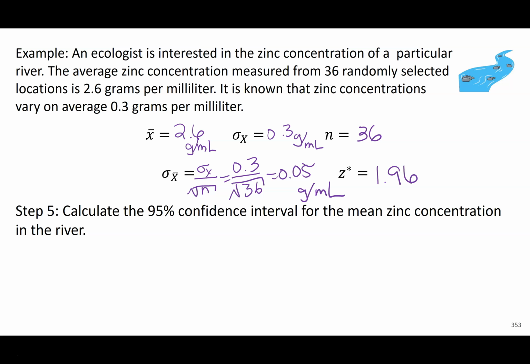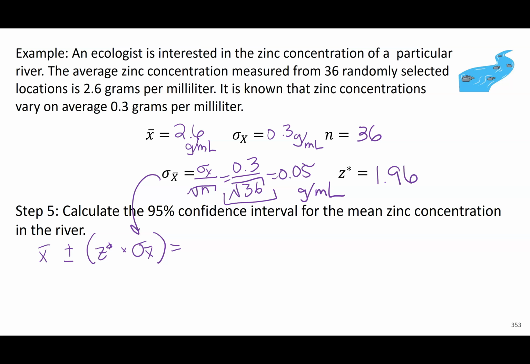But just in case, if I want to calculate the interval, it's x bar plus or minus z star times the standard error. Since we already did this math, I'm just going to plug that 0.05 straight in, but absolutely you can put 0.3 over the square root of 36 in there as well.